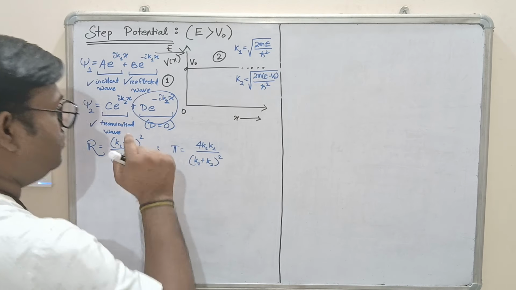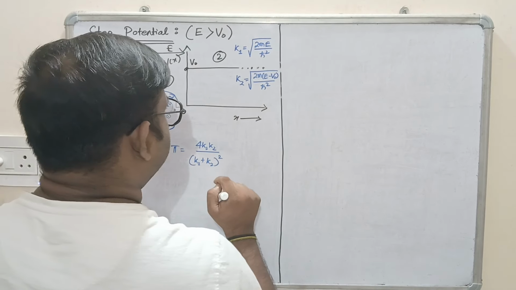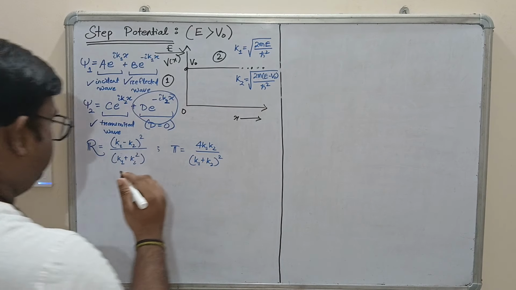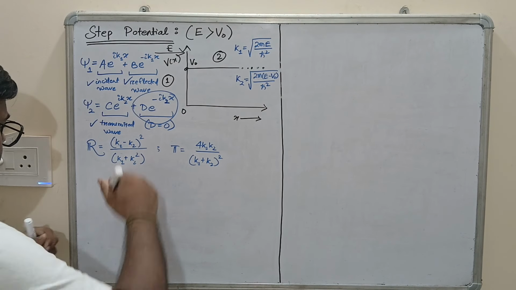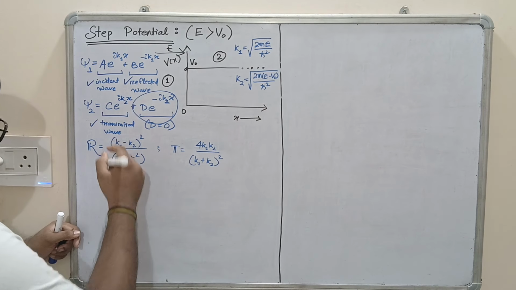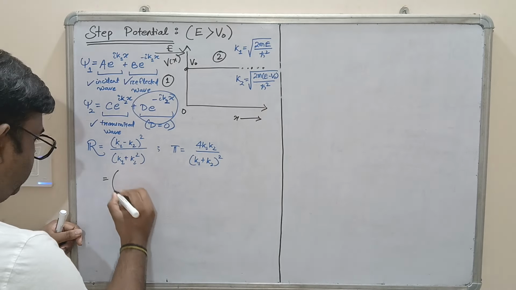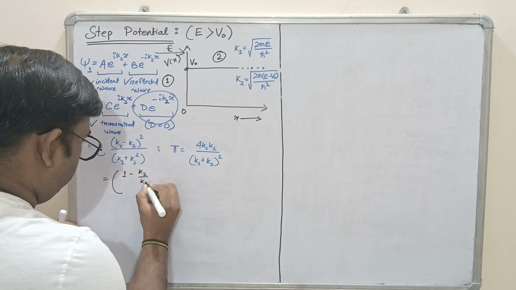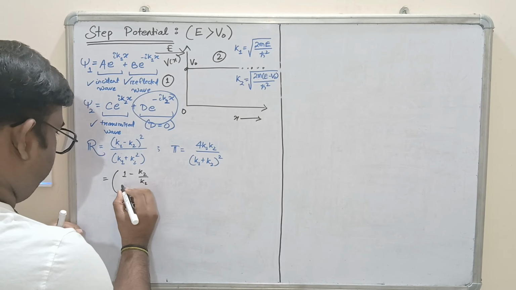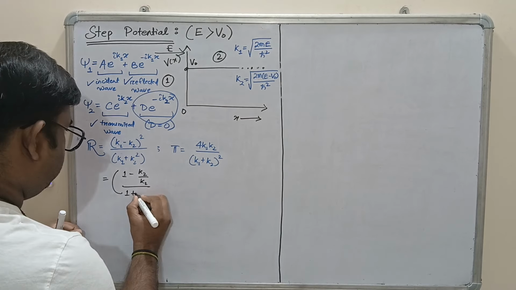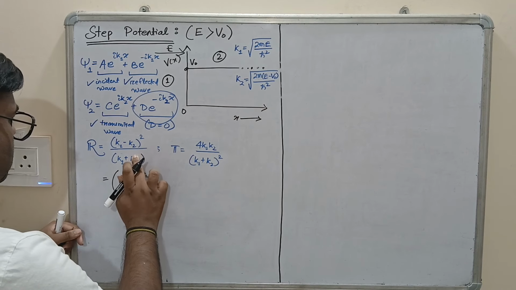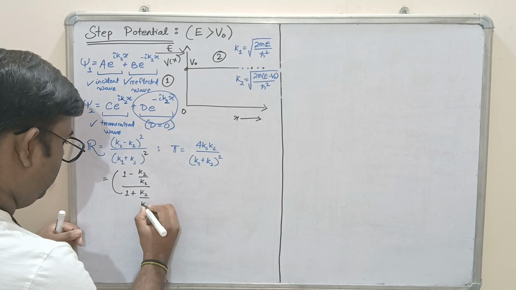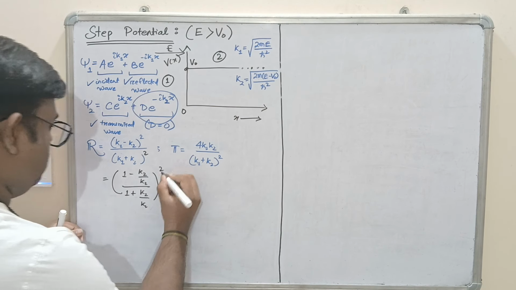We also did something more with this, which was that we set this equation to be 1 minus k2 by k1 divided by 1 plus k2 by k1 whole square.